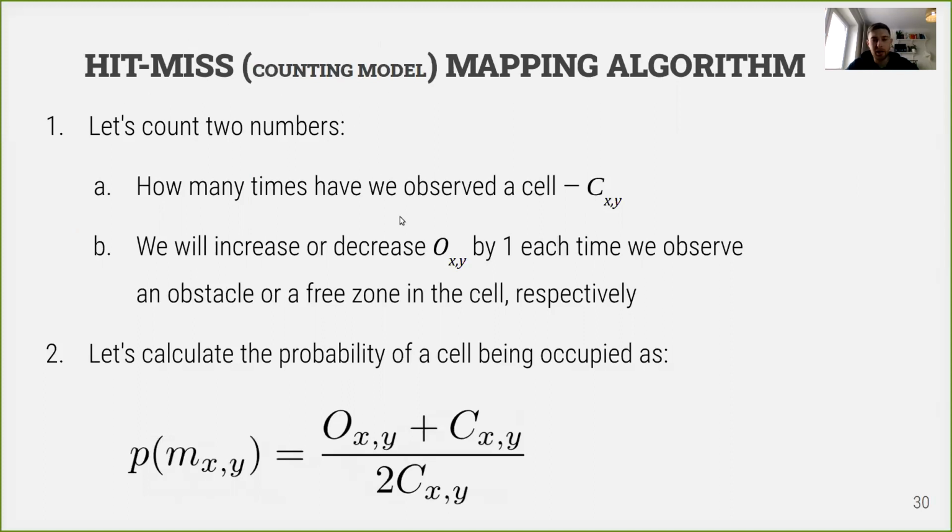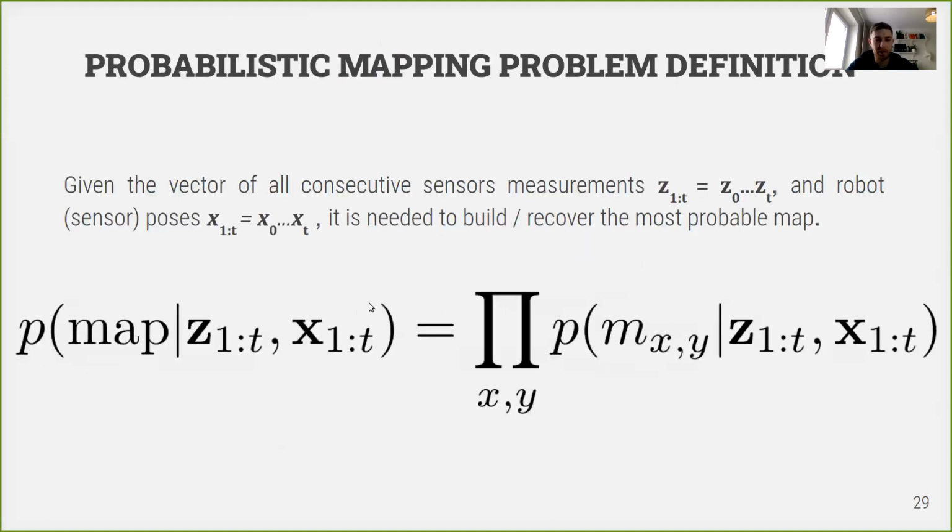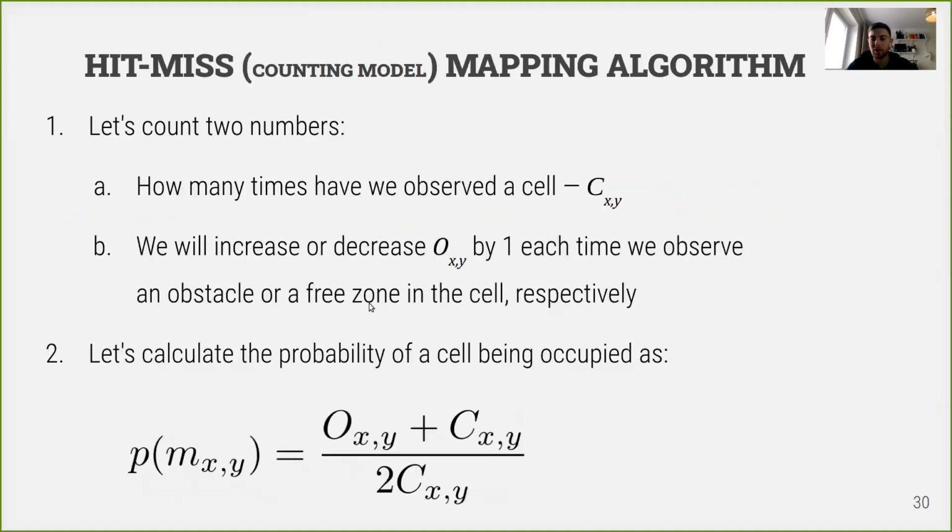And here the idea is really basic. We can remember that probability can be treated as frequency, right? So the probability of some event is the frequency of, for example, successful outcomes of this event divided by all trials. This is a frequency-based probability definition. And in this algorithm, we do the same.